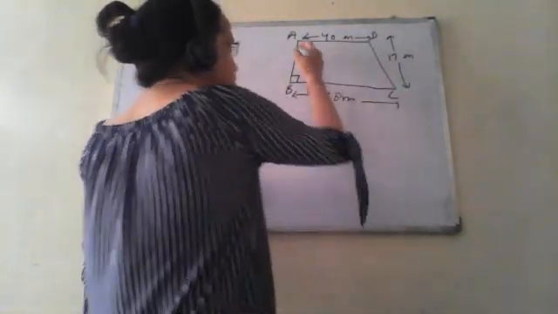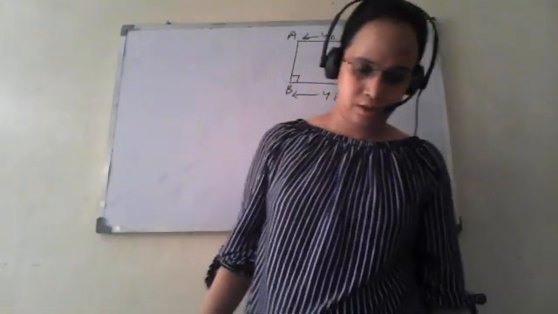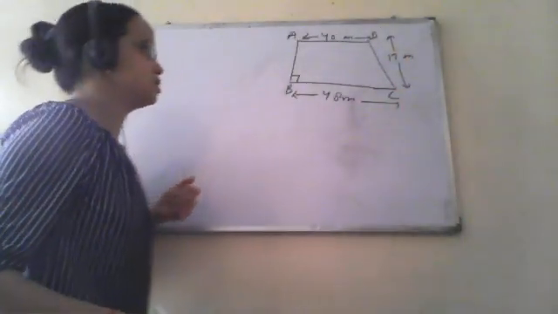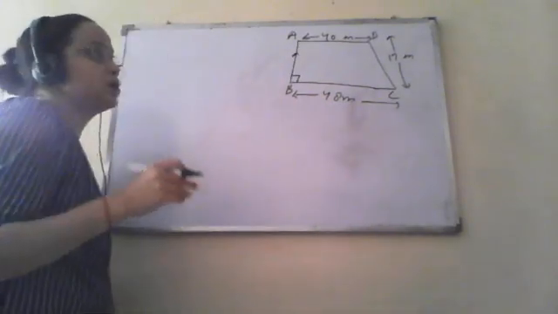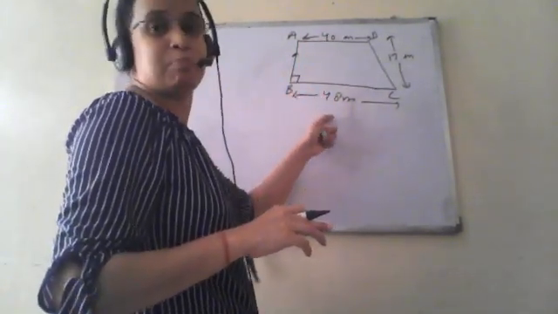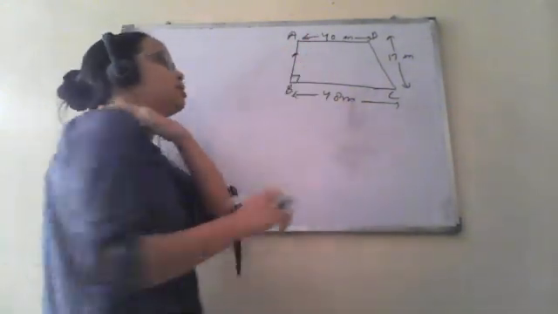Now what do we have to find? We have to find the area of this field. For this we should know the value of AB, because the area of a trapezium is half into the sum of the parallel sides into the perpendicular distance between these two parallel sides.